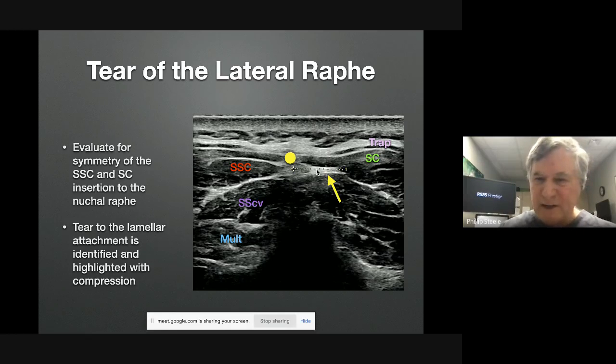And with compression, this will slide over and become unstable. So the question is, what's hyperlax here? Is it this structure? Is it the septal portion? Is it the pretension from the opposite side? Or is it the same side? So that's the question that we're all trying to answer with this approach.